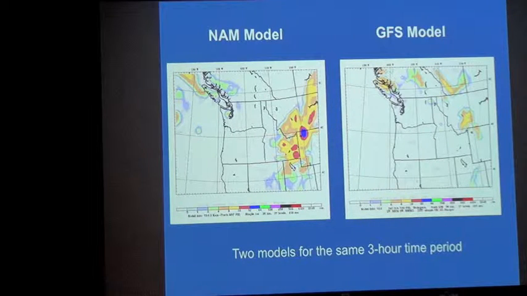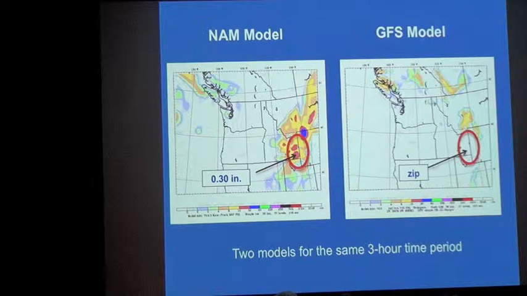But if you look at both of these, this is model output predicting how much water amount we're going to get for a 3-hour time period. And the NAM on the left is showing that I could get 1/3 of an inch of rain where it's red in 3 hours. And the GFS, it'd get nothing. Who's right?